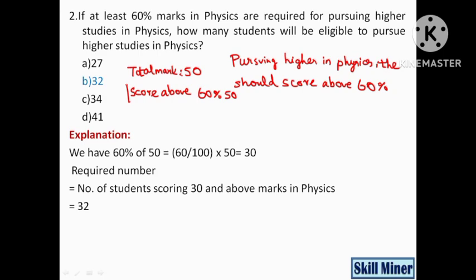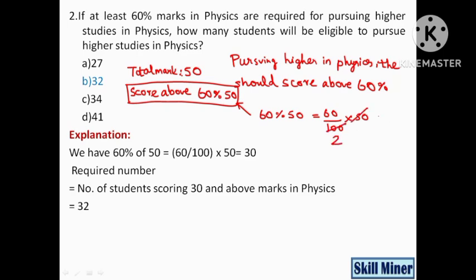The student needs to score above 60% of 50, so that only he can pursue higher studies in physics. We need to find the value of 60% of 50. 60% of 50 is equal to 60 divided by 100 into 50. 60 divided by 2 will be 30.